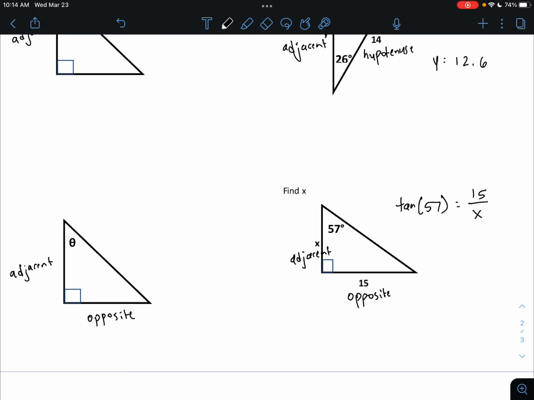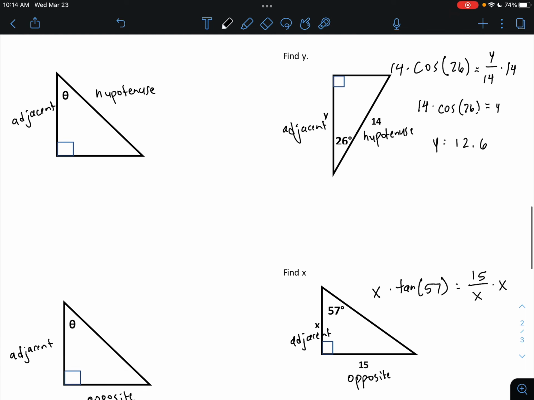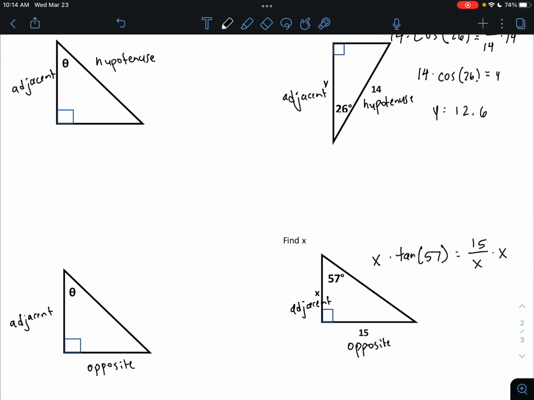Now this question is a little bit trickier because we are looking for x, and if I just multiply by x on both sides, like I did before, I multiplied what was on the bottom by both sides. That's what I did with sine and cosine. But if I just do that with x, I'm going to end up with x times the tangent of 57, which equals 15. But that still doesn't give me x by itself.